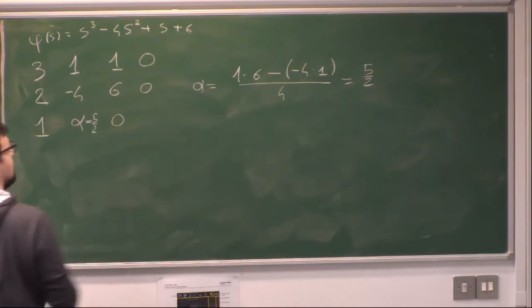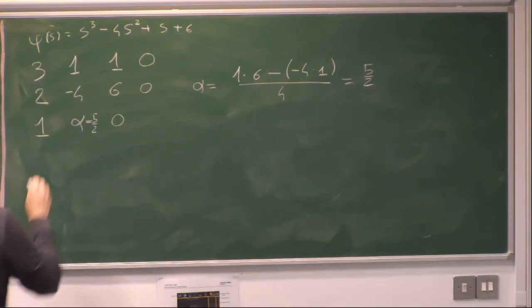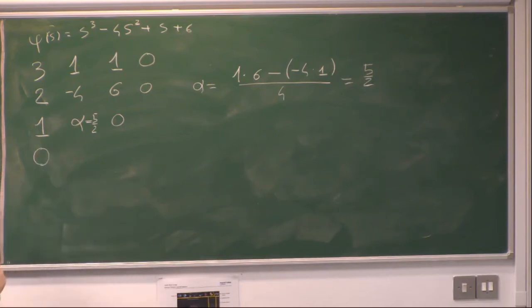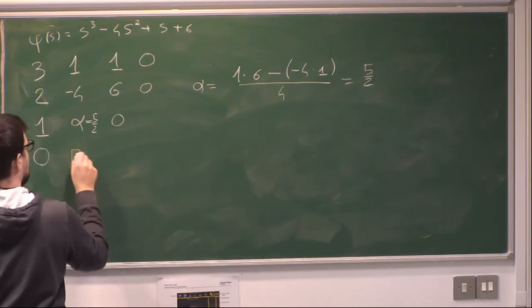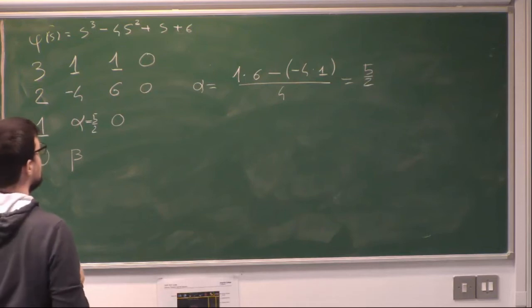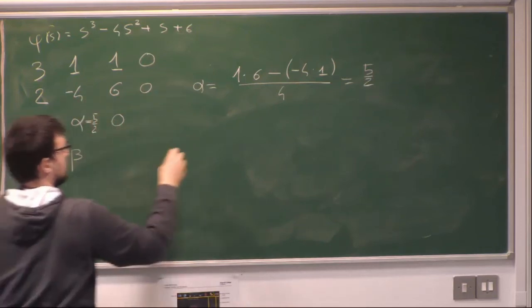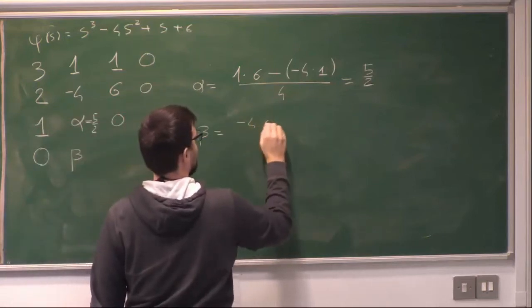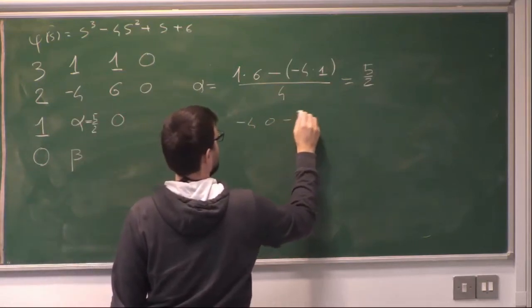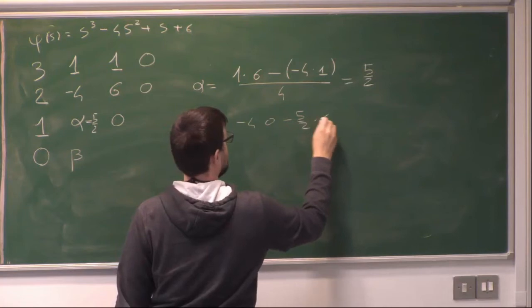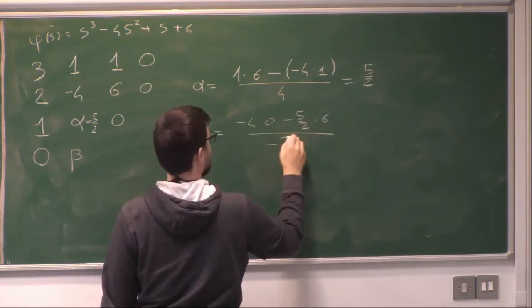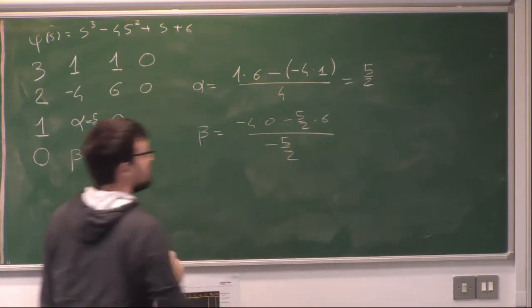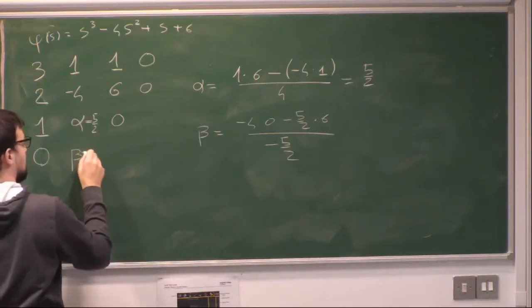So this element is 0. Then the last element of the table, we have to compute beta. Beta is equal to minus 4 times 0, minus 5 over 2 times 6, divided by minus 5 over 2. And so we see that this element is equal to 6.